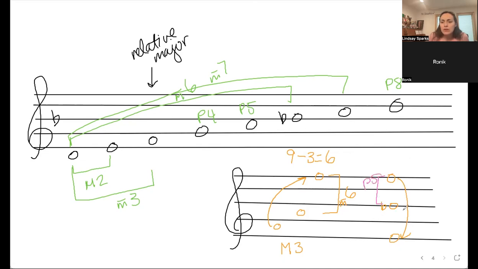And when we invert the F to get the new interval, wait a minute, did I do that right? Oh, I didn't write it on the right line. There we go. Sorry, I thought it looked weird. That's because I wrote it on a line and not a space. There we go. So the new interval there, we have to subtract from 9. So 9 minus 5 is 4. Okay, so this new interval is going to be a fourth. Perfect always stays the same. So we get a perfect fourth.